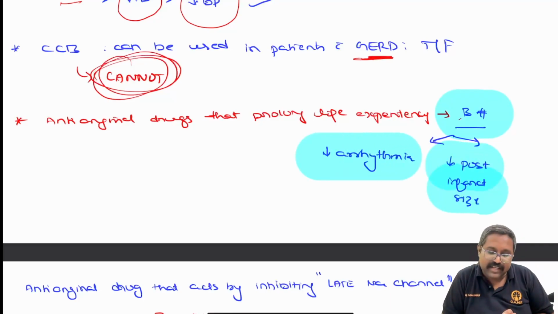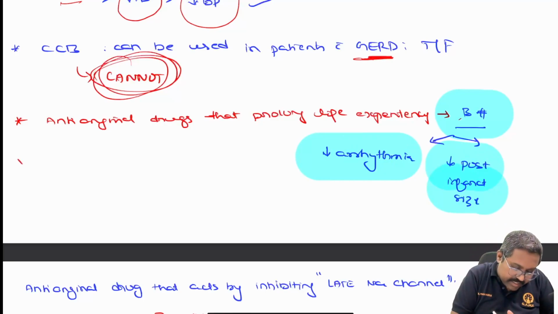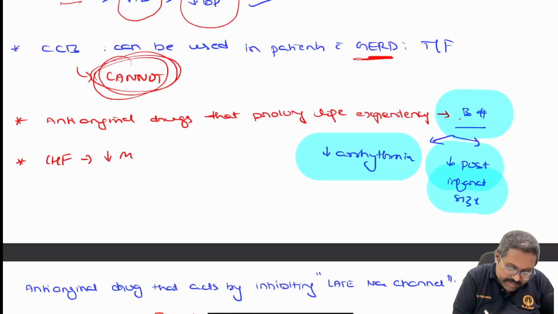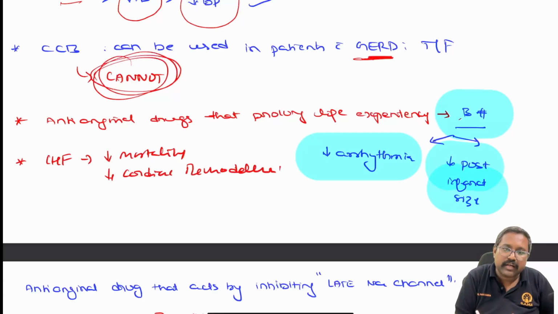the post-infarct size. So again, in case of congestive heart failure or hypertension, which is the drug which is going to decrease the mortality, and thereby it also decreases the cardiac remodeling.